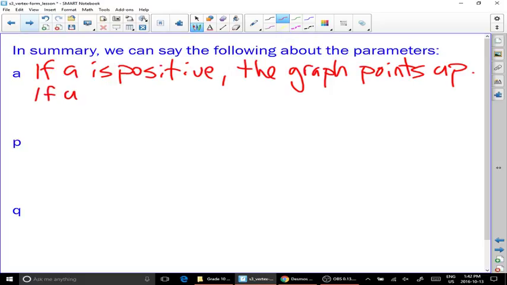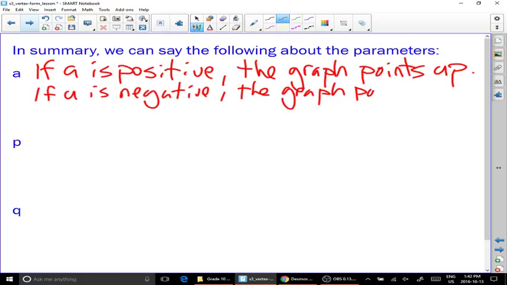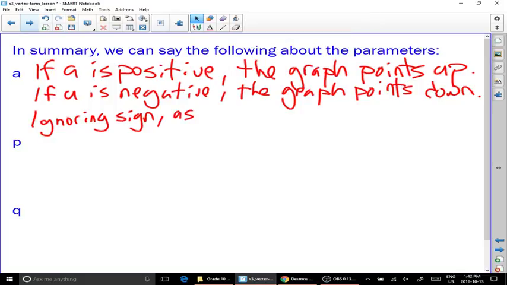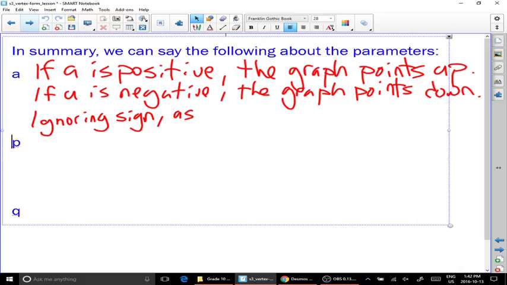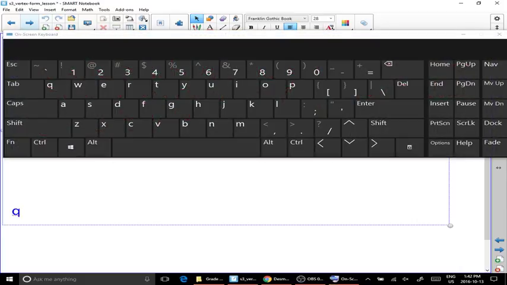If a is negative, the graph points down. Ignoring sign, as, let me see if I could move this. I can't move that, but whatever. Actually I could, so I'm going to make some more space here. I'm going to bring up the keyboard and just go. There we go. Now I can hide the keyboard.